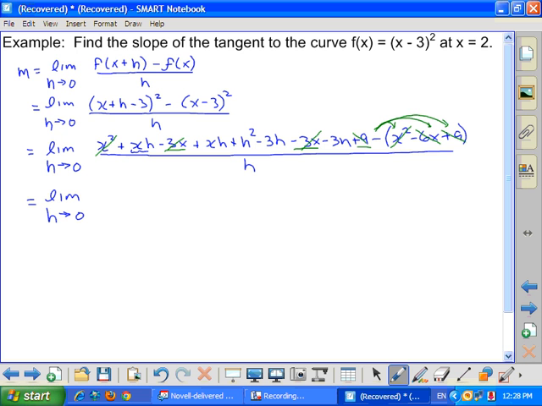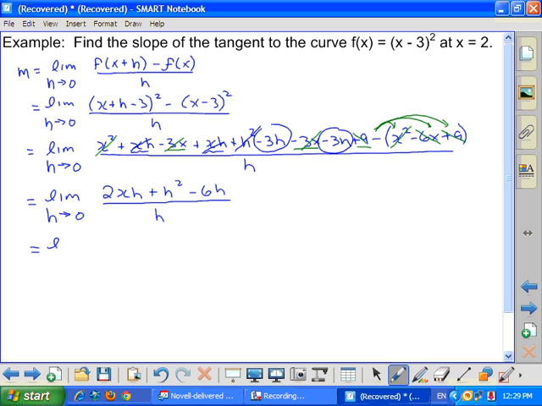What am I left with? Well, I have 2xh, and so those guys are now gone. I have an h squared, so plus h squared, and then I have minus 3h, so minus 6h, over h.